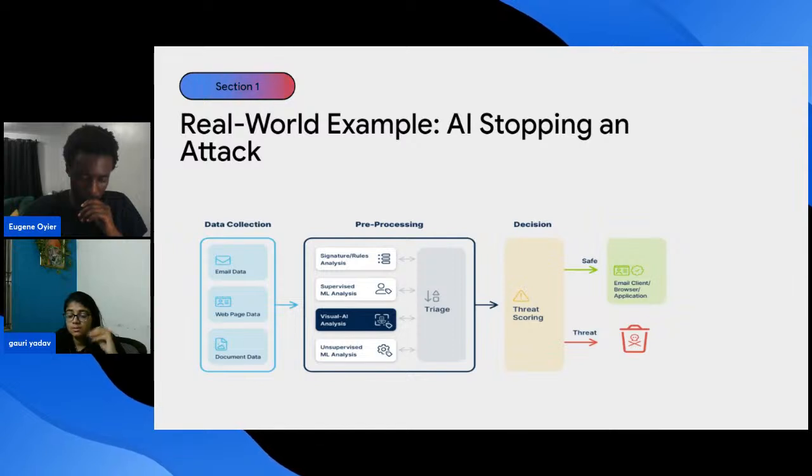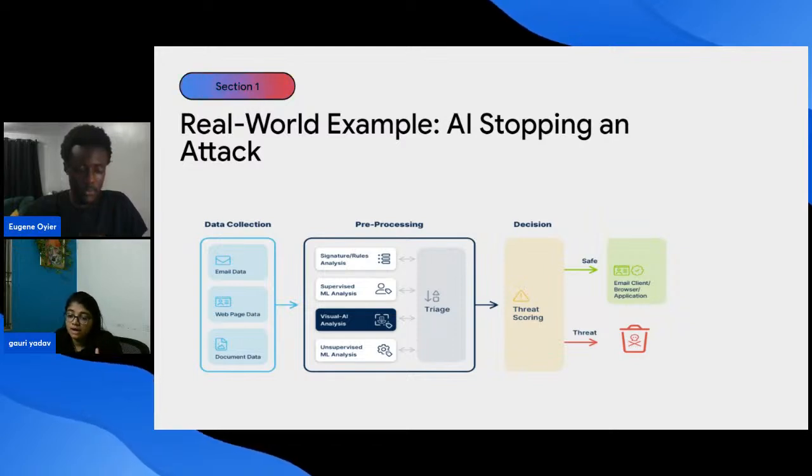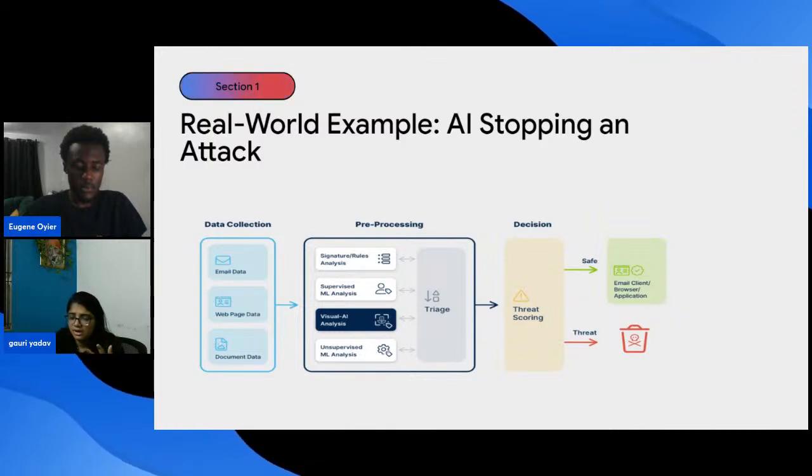If there is some prior document or prior thing that was signed or ruled by someone with higher authority, and it is a full exact match, then it would take it further. If not, then we would have supervised ML analysis. What kind of data we have, it would take it, analyze it, and if it is legit data, then it would go for threat scoring and everything.